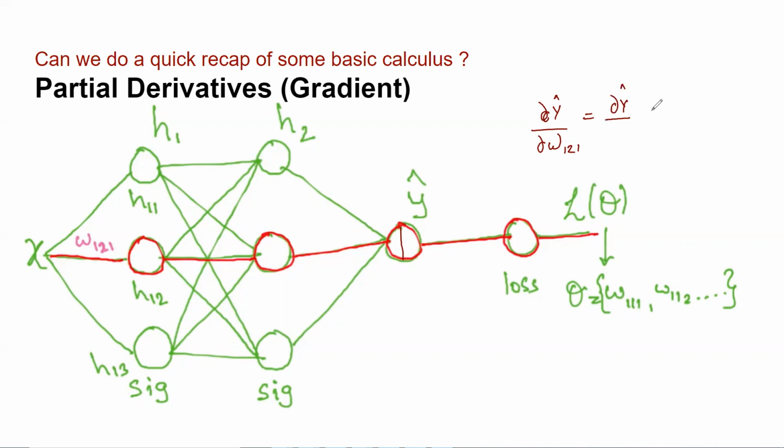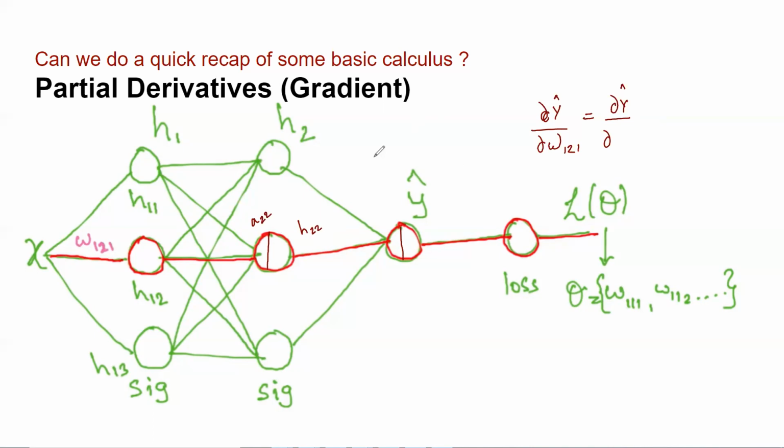Let me do some nomenclature here. This is A2 2, this is H2 2.